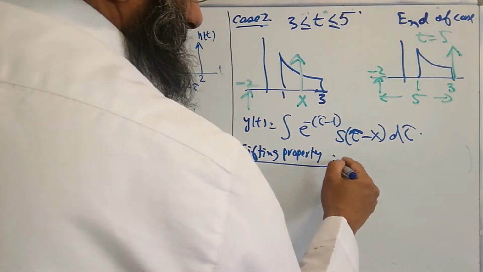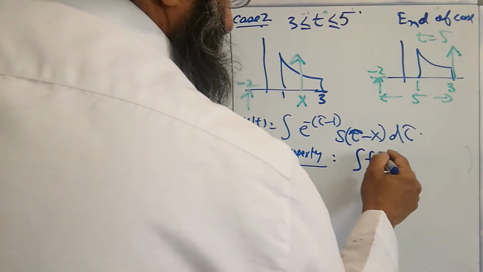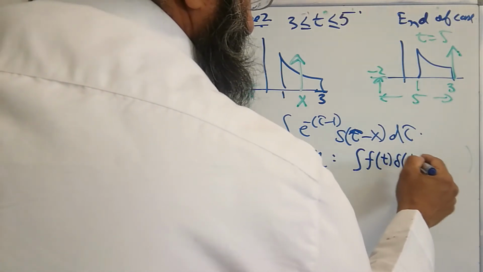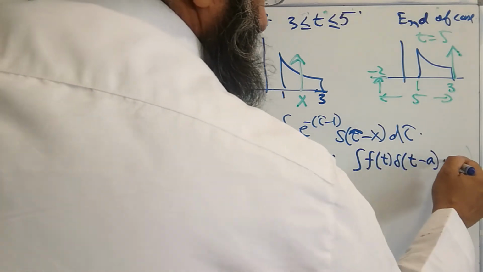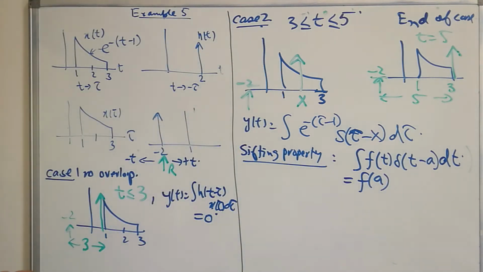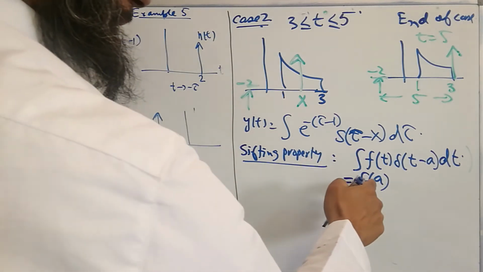So this property says that whenever I integrate a function with a delta function, which is at a point A within that function, the answer is just the value of the function at the point A. So there is only one answer, which is the value of the function at that point.